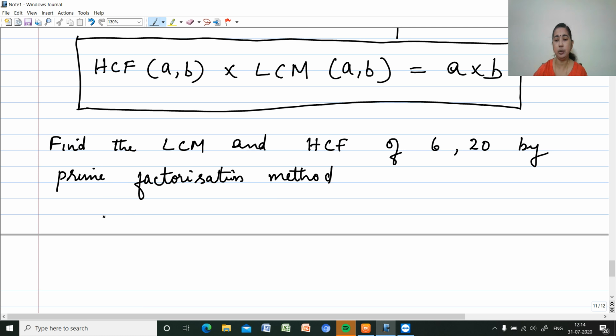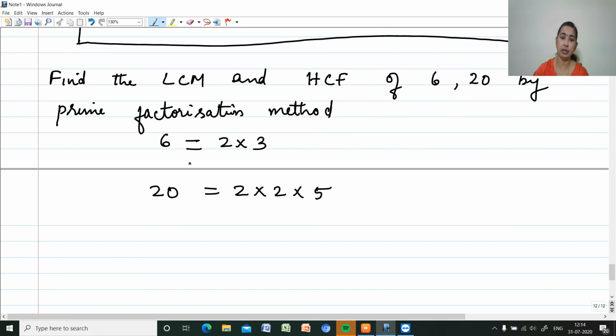So how to find the LCM and HCF? First we have to find the prime factors of 6. Any composite number can be written as a product of primes. So 6 can be written as 2 into 3 and 20 can be written as 2 into 2 into 5. So from here we know how to find the LCM and HCF.